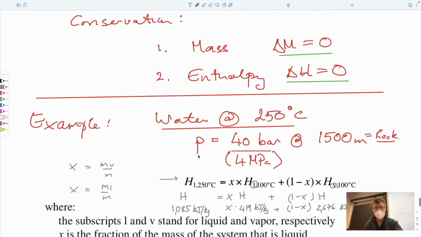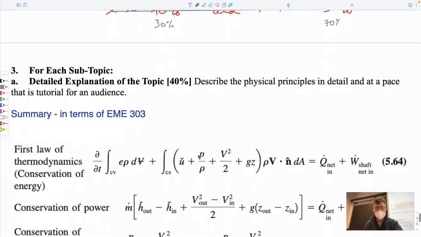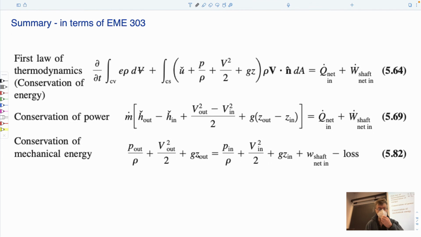We're not going to use Bernoulli's equation beyond this, but merely make the case that what we've done in fluid mechanics really was first law stuff.